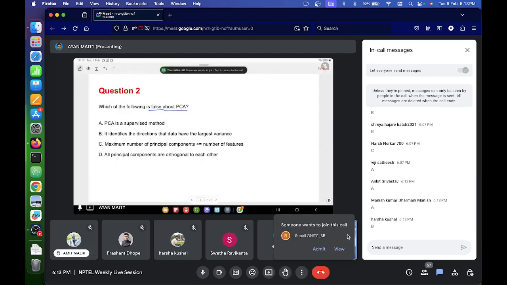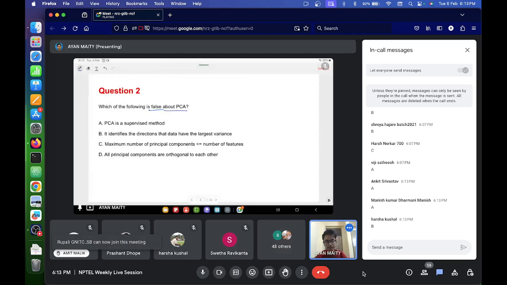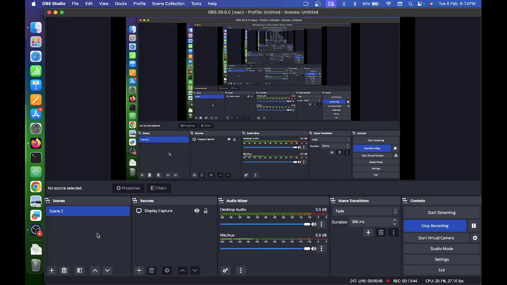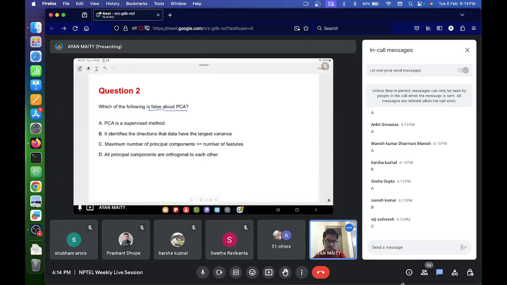Manish Kumar is saying A. Harsha Kushal is saying option B. VG Satish is saying option C.